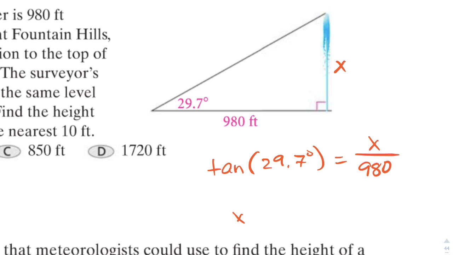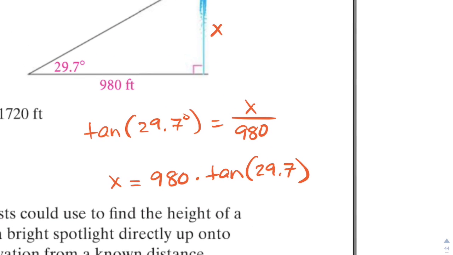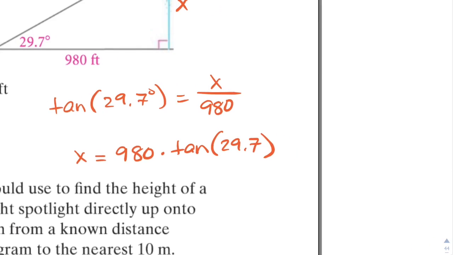Multiply both sides by 980, we get 980 times tangent of 29.7. x is approximately 980 times tangent 29.7. Make sure your calculator is in degree mode. We get x is approximately 558.98 feet.